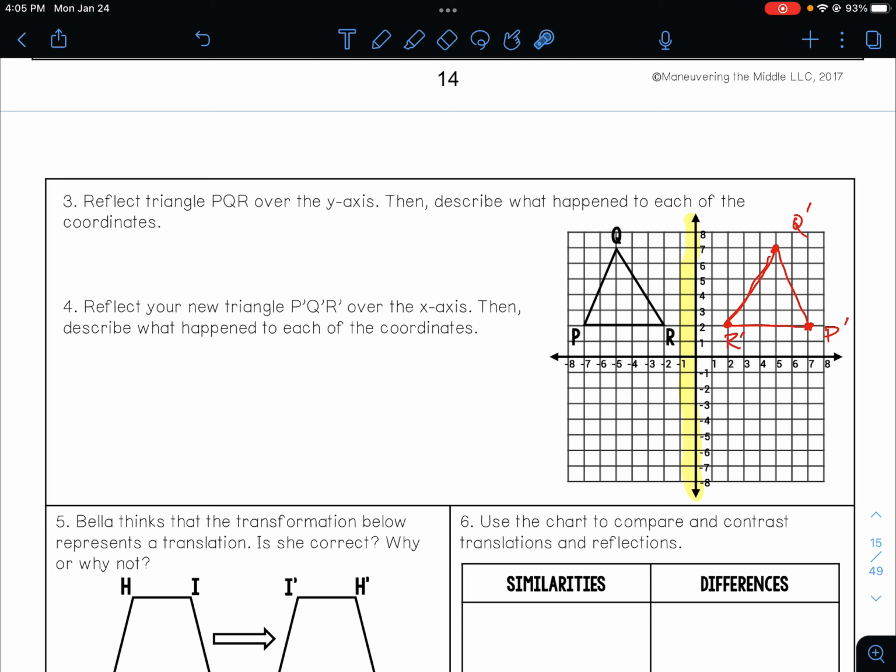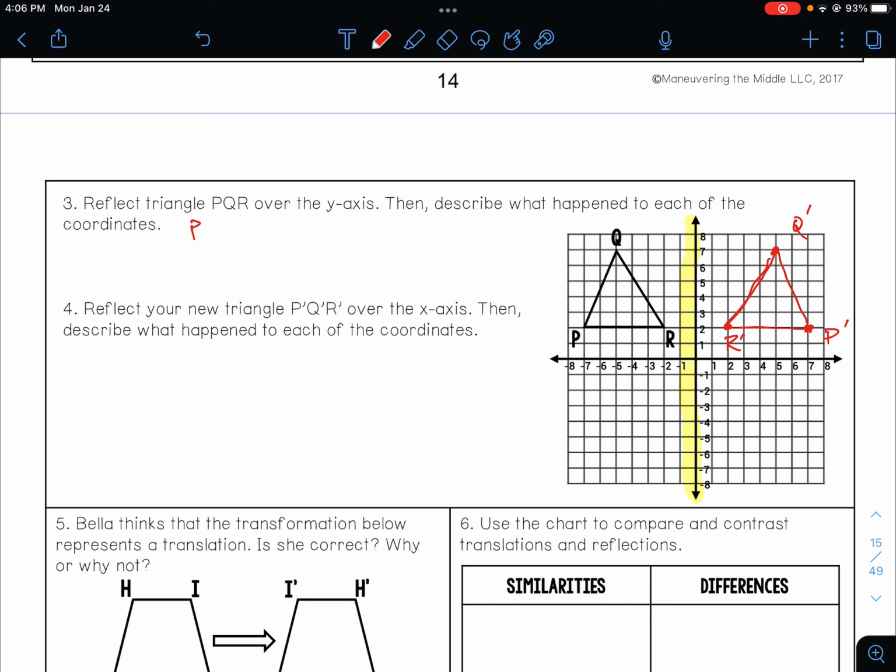So what happens to each of the coordinates? Well, it looks like the y values stay the same. Still 2. So PQR: P is -7, 2. Q is -5, 7. And R is going to be -2, 2.